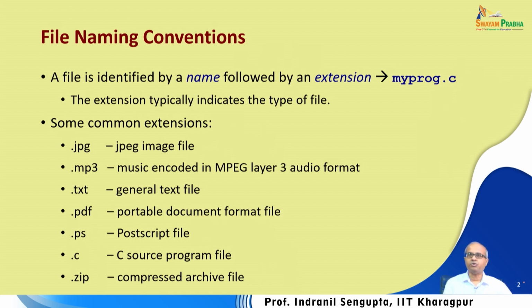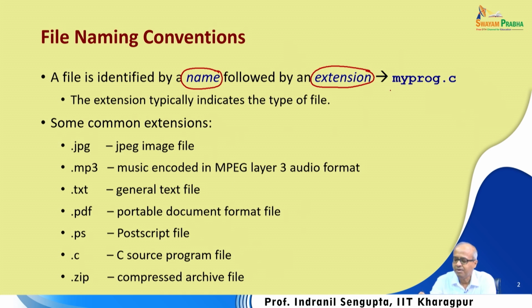Not all operating systems, but most operating systems use some file name and file extensions. So, let us see. In the file naming convention, a file is identified by two things, the name of a file and some kind of an extension.